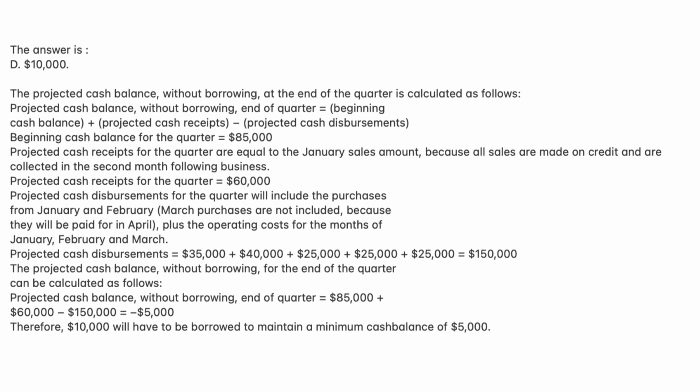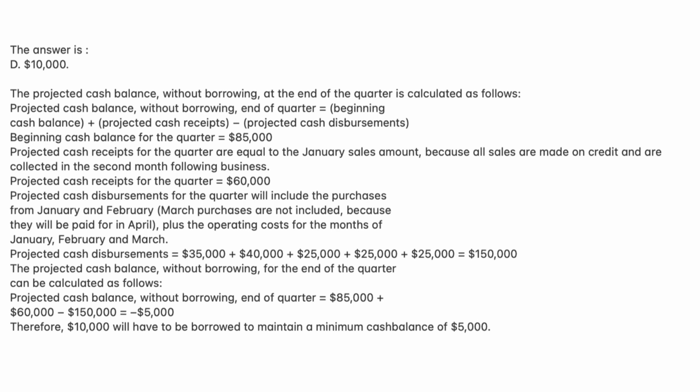Projected cash disbursements for the quarter will include the purchases from January and February. March purchases are not included, because they will be paid for in April, plus the operating costs for the months of January, February, and March. Projected cash disbursements equals $35,000 plus $40,000 plus $25,000 plus $25,000 plus $25,000 equals $150,000.